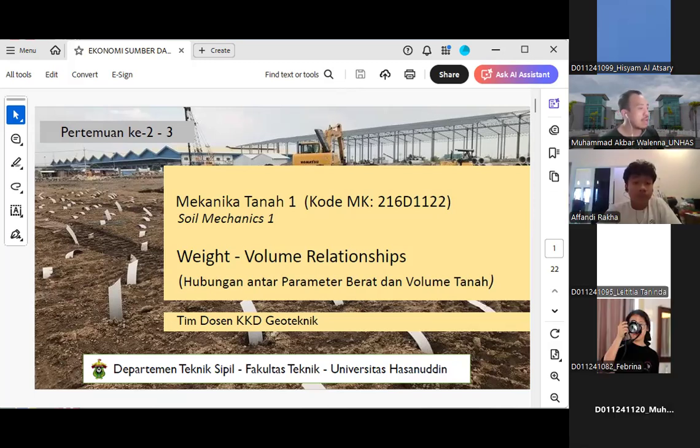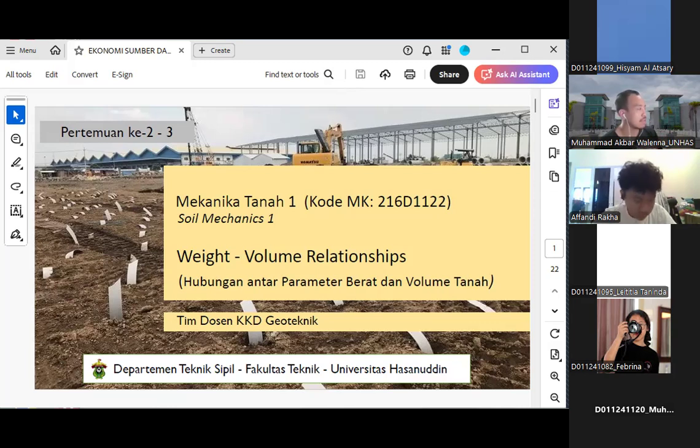Okay, right. So for this week's lecture, I'm going to give you some explanation regarding why you all need to understand these parameters and why they are important in terms of design. When we are talking about soil mechanics and those parameters that I have just mentioned, this is so crucial, especially for geotechnical engineers.